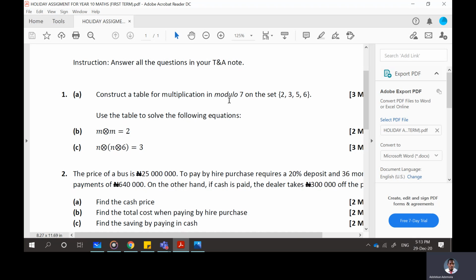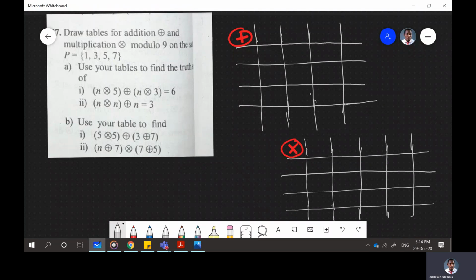So I'm going to teach you how to solve this kind of problem now by looking at what I have here. This question says draw tables for addition and multiplication. The first thing I want you to take note of is that we have special symbols that we use in modulo. What we call addition in normal arithmetic is written this way in modulo.